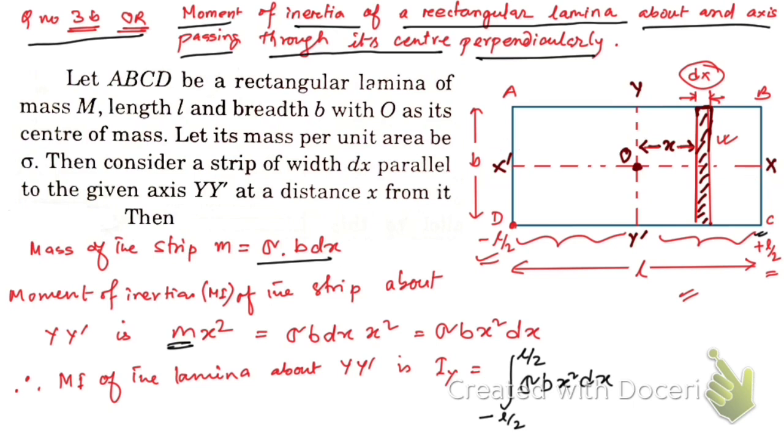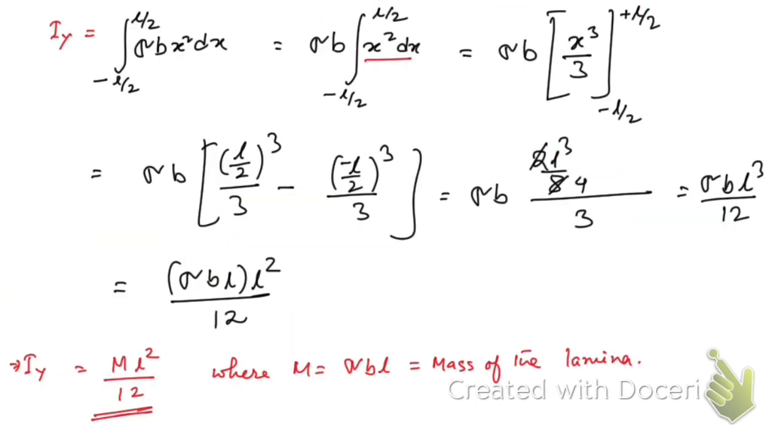Now you see, the length of this lamina is L, and we have got the moment of inertia about the y-axis as this, and the breadth of the lamina is B. Now we need to find the moment of inertia of this about the x-axis.